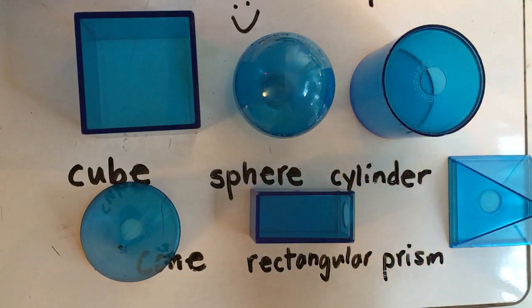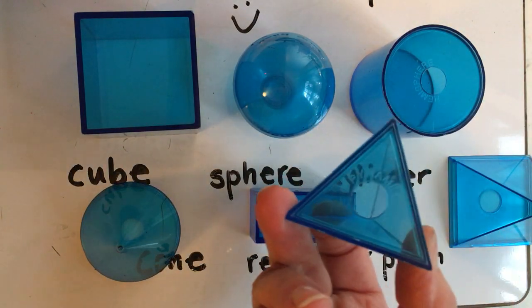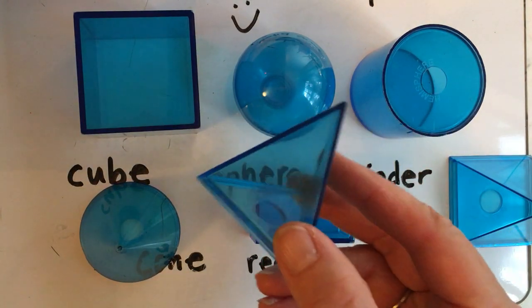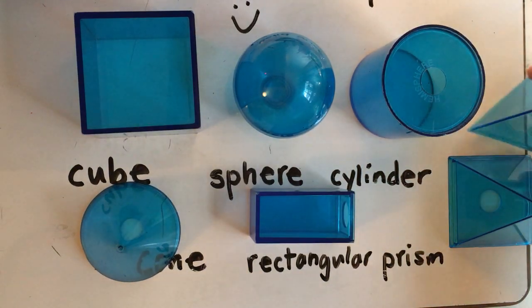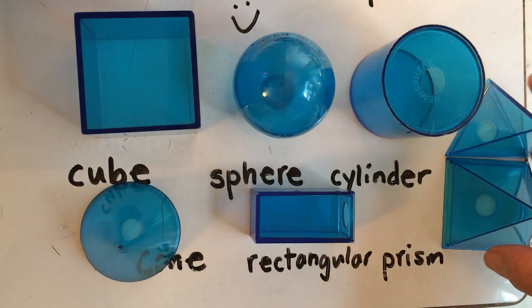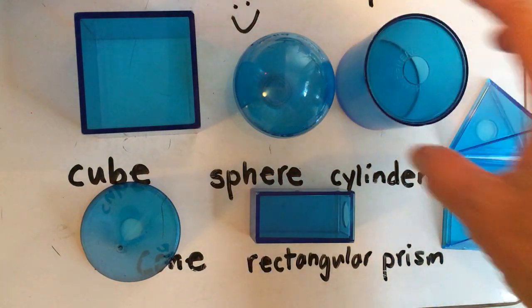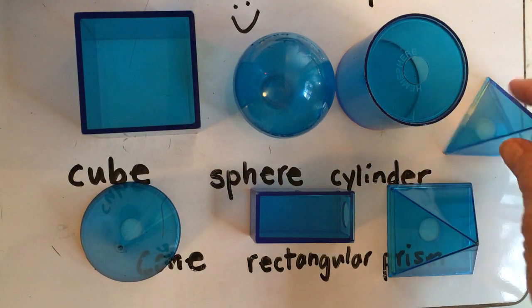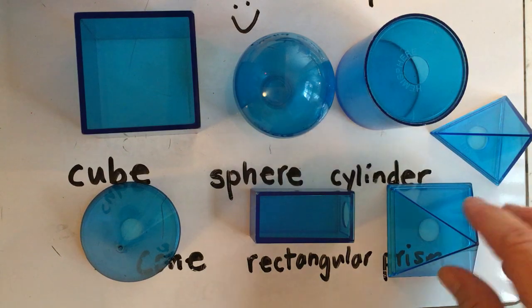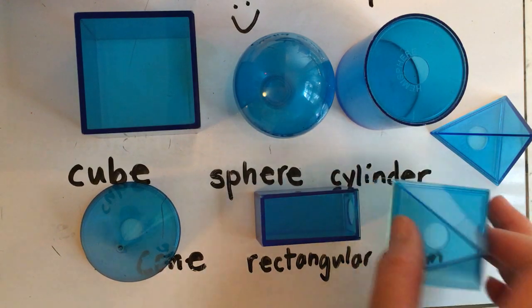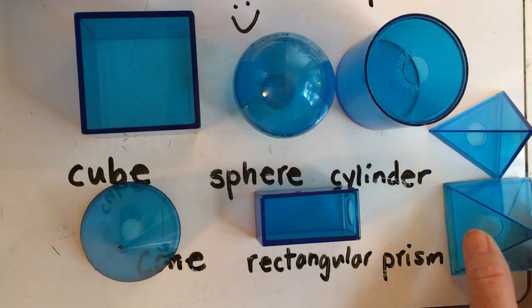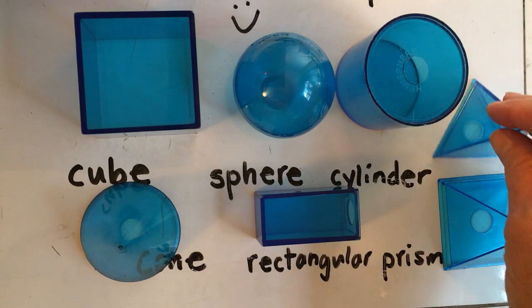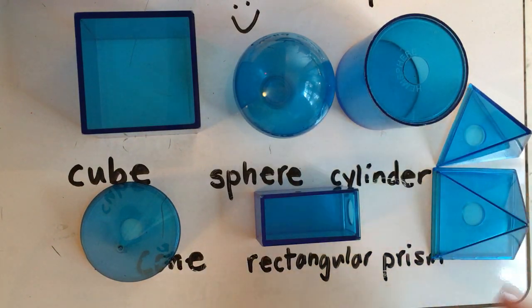And then we have one that has a triangle bottom. It's called a triangular pyramid. So you might see those on some of your worksheets, the pictures of solids. You might see some of those triangular or regular pyramids. And of course, are they going to roll around? No way, because they've got these flat faces. Right.